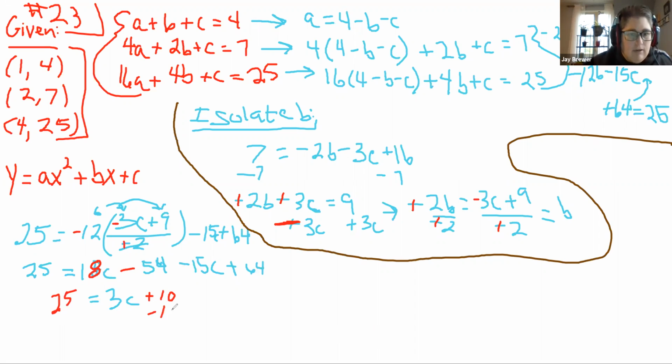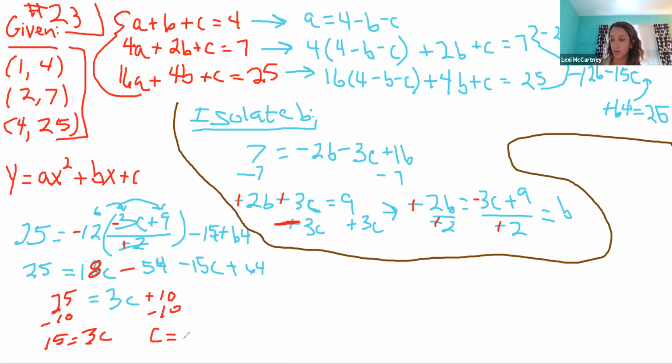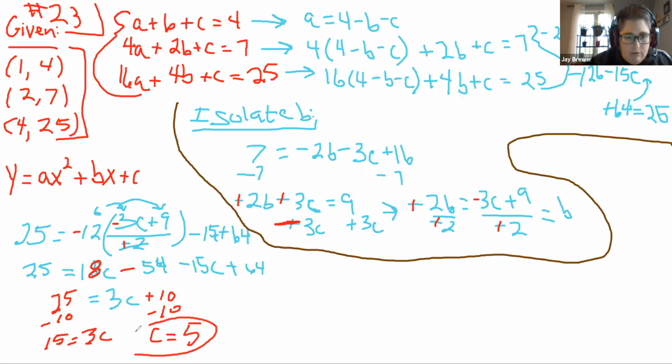Okay. Subtract 10 on both sides. What are we going to get for C? C is going to equal what? 5. Mm-hmm. And that's a lot better than that gross fraction we would have had.